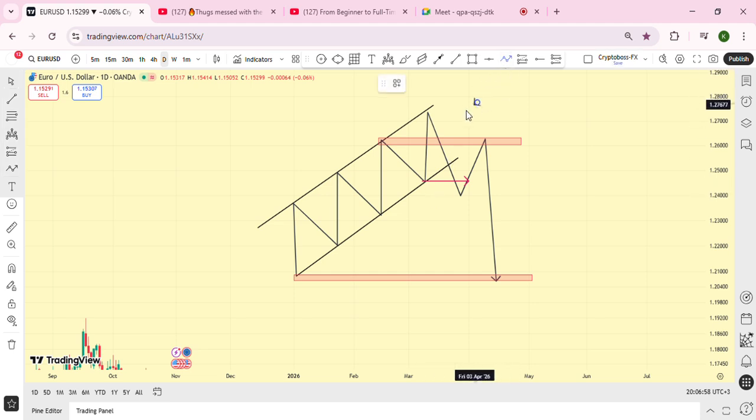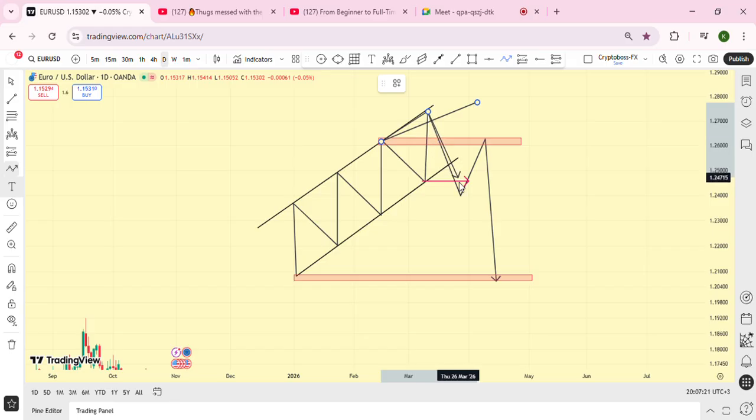Like in this case, let's say you are taking the first one as your entry point. You will use this one. Here you can clearly see we have a double top. We have the first top, we have the second top, and the second top is forming at the resistance trend line. So already you have two confirmations on that resistance trend line, the double top formation.